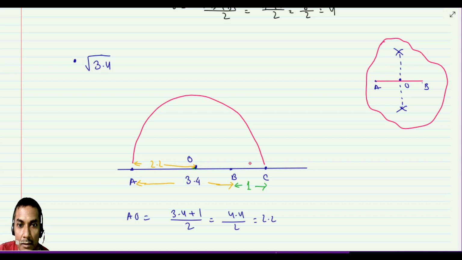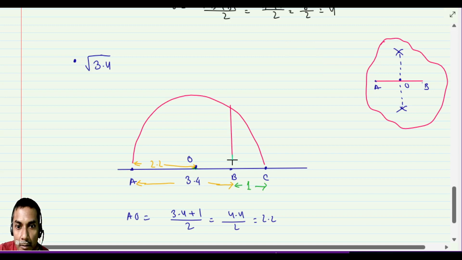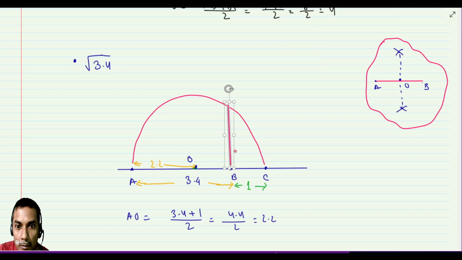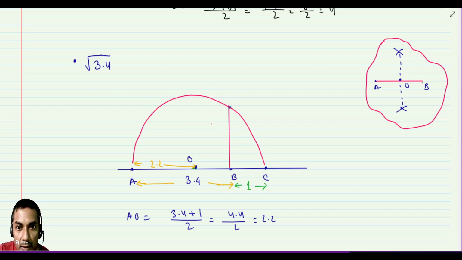Then take one vertical line at B. Draw a vertical line at B, and it cuts at point D. So actually this BD is root over 3.4.